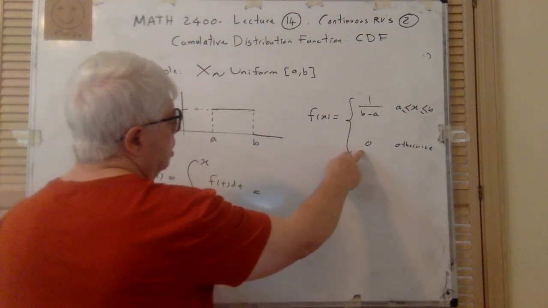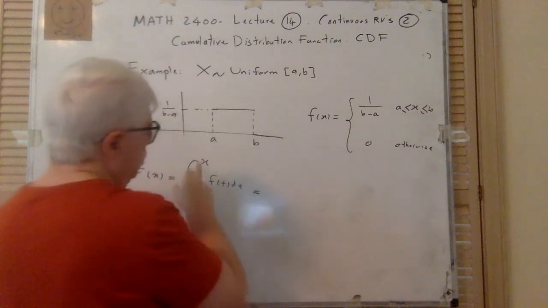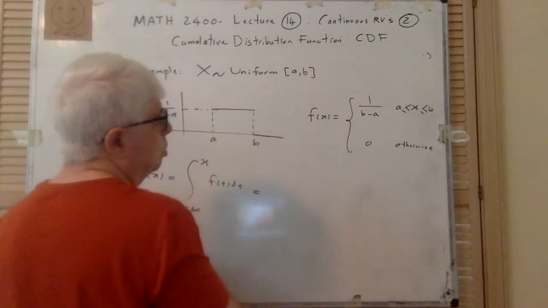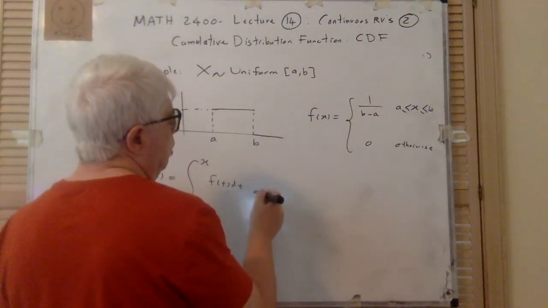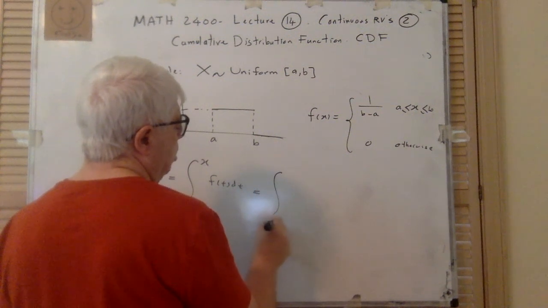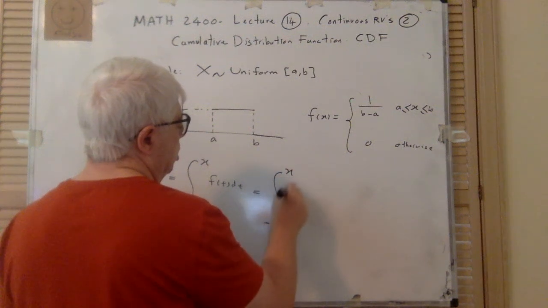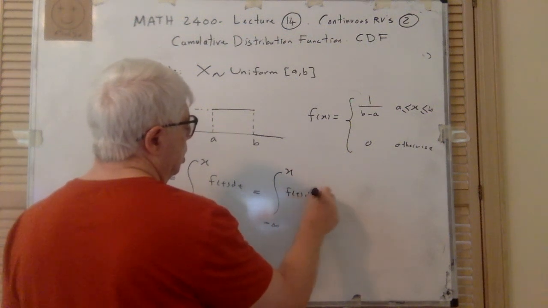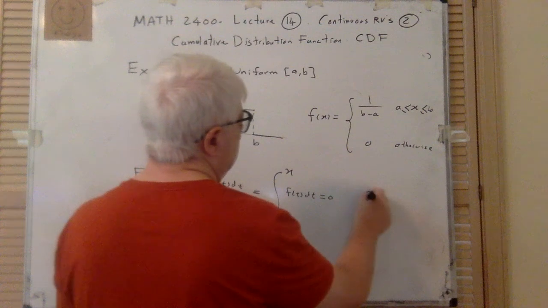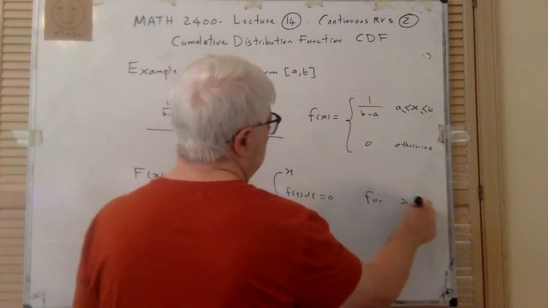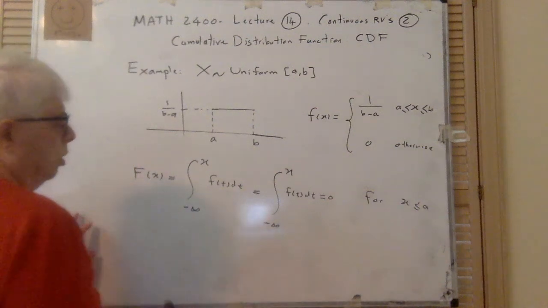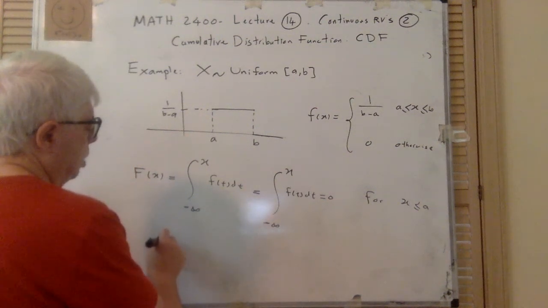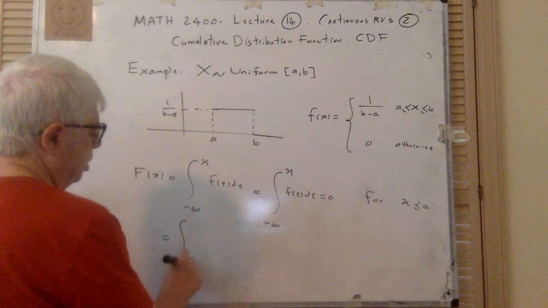If x is less than or equal to a, it is 0, right, for x less than or equal to a.